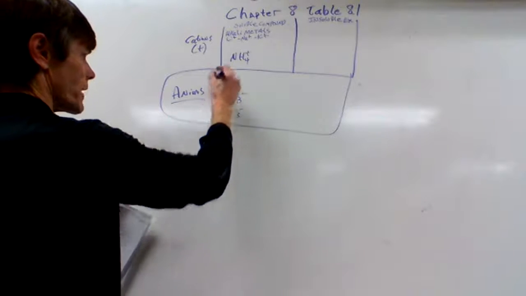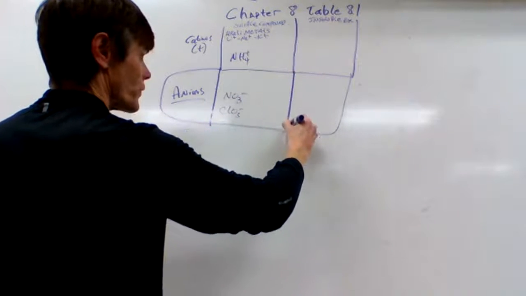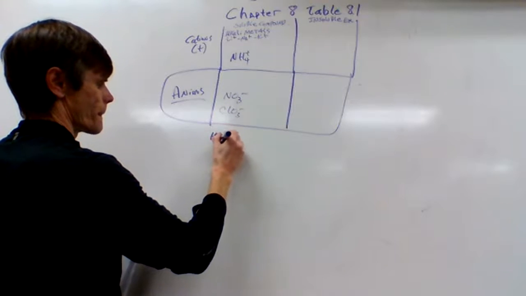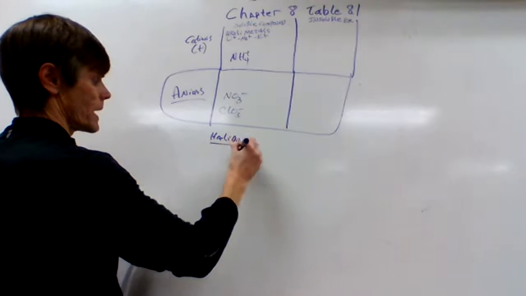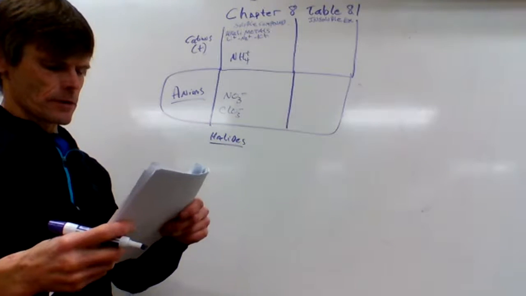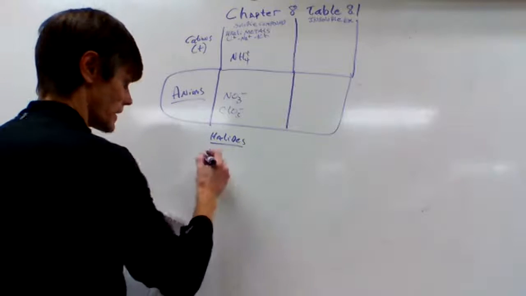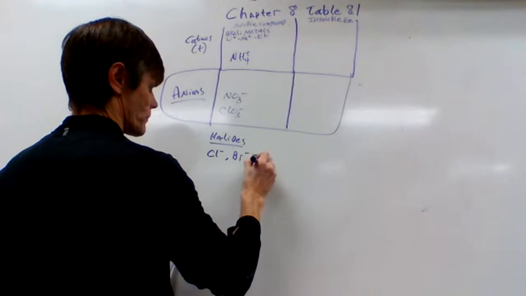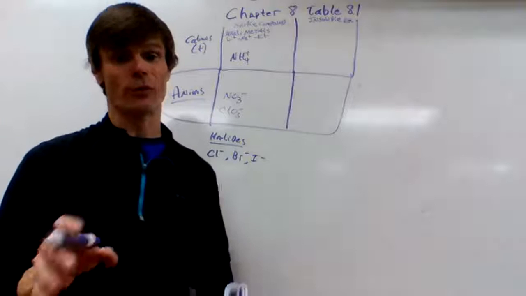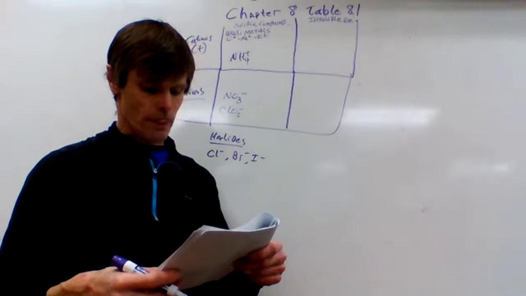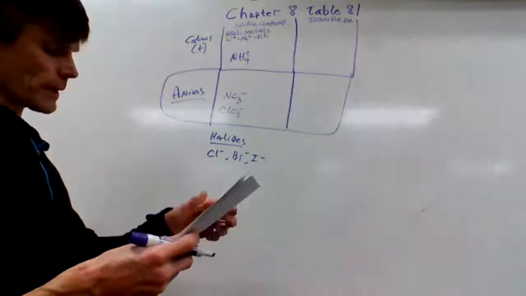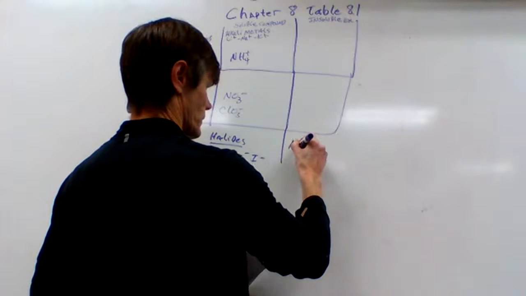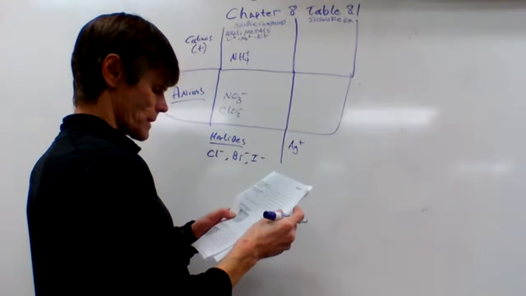Halides: our halides include chloride, bromide, and iodide. Fluoride, they usually don't have one. Fluoride's very reactive in water. Now, these are going to always be soluble with the exception of silver, mercury, and lead.